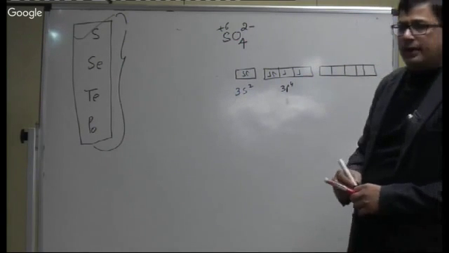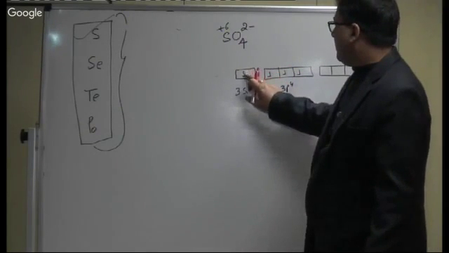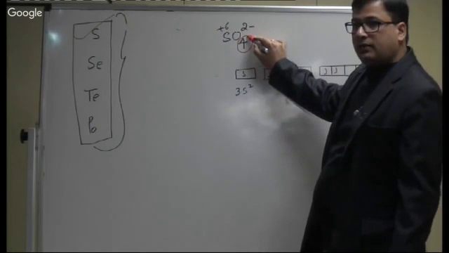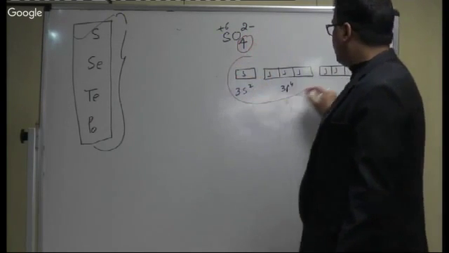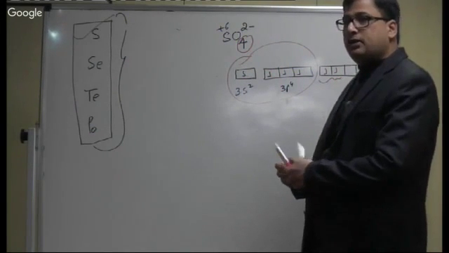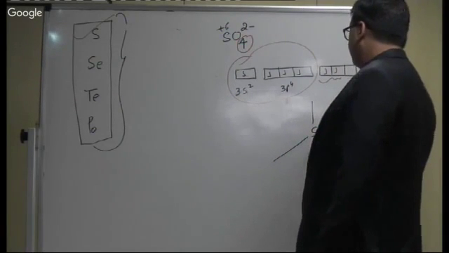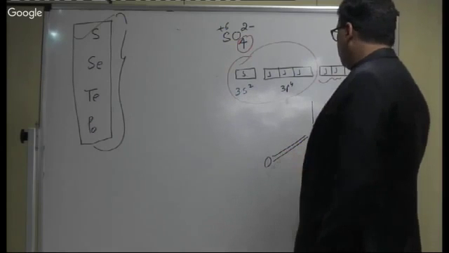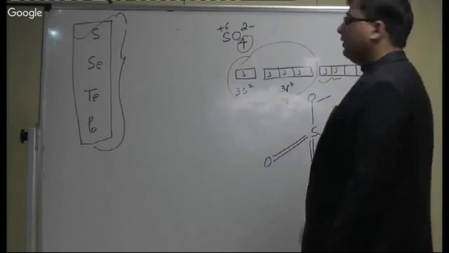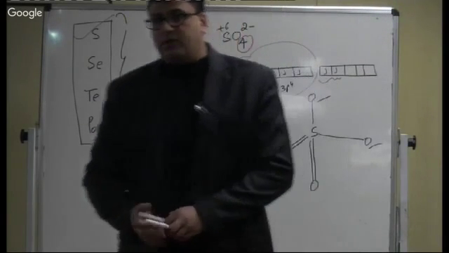If it is +6, you have to make 6 unpaired electrons. The number of atoms attached to the central atom is 4, so you use 4 unpaired electrons for sigma bonds. How many unpaired are left? That means the number of double bonds is 2. So make a tetrahedral structure having 2 double bonds and 2 single bonds. Both single-bonded oxygens carry a negative charge. So the hybridization is sp3, the shape is tetrahedral, and the number of double bonds is 2.